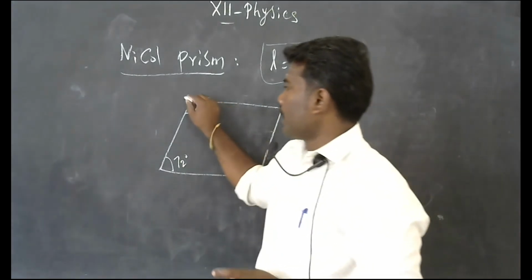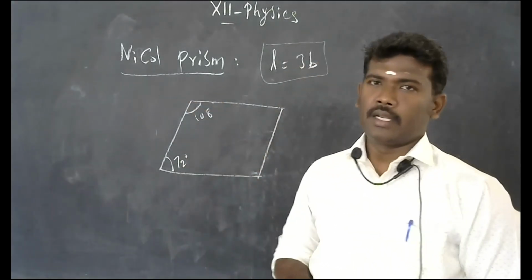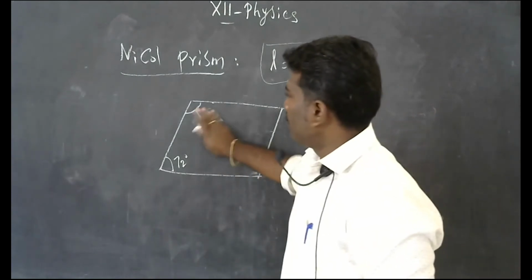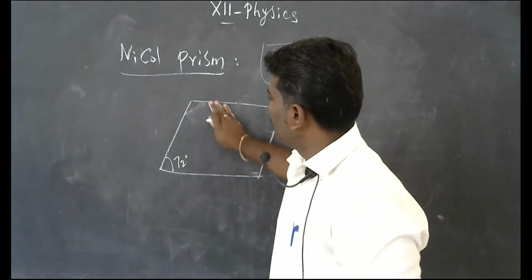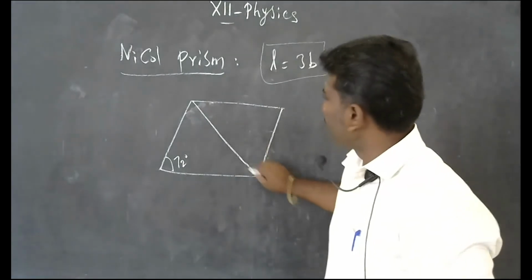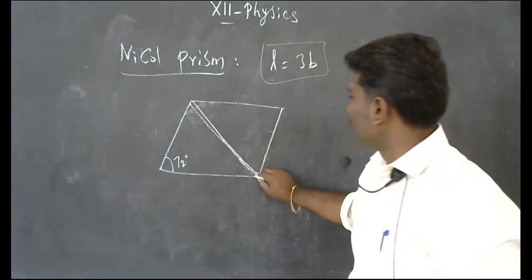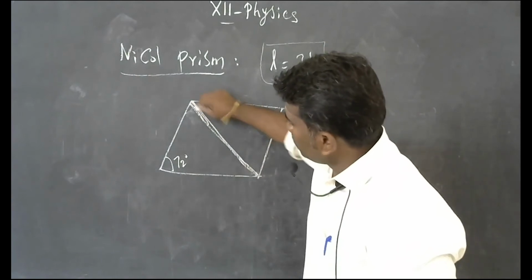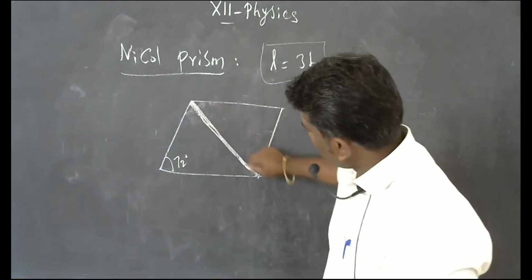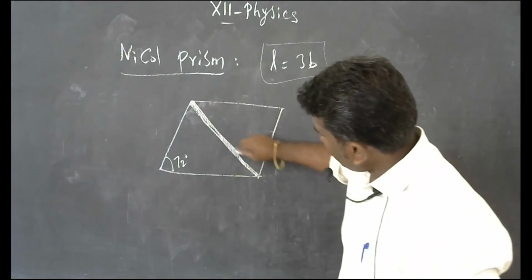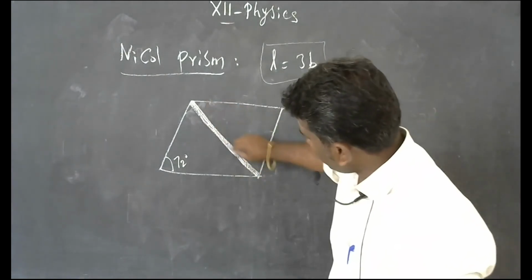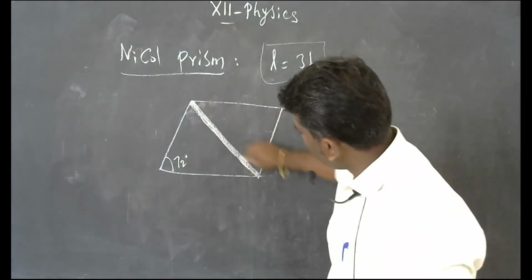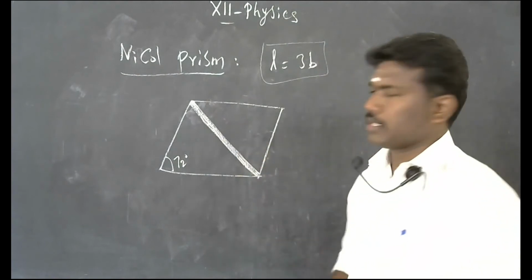Initially you cut the single calcite crystal like this, diagonally into 2 pieces, and apply Canada balsam to paste the 2 separated pieces.